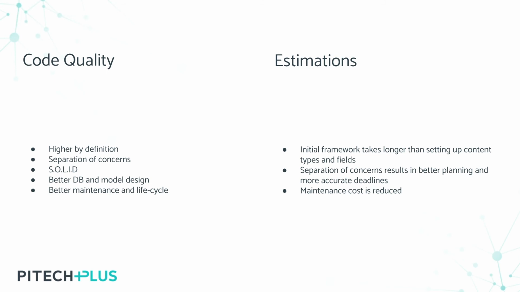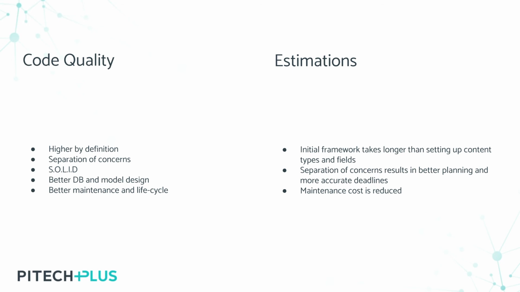Also, this obviously impacts estimations on projects, because as you've seen, if you take a glance through the code, you will see that there is an underlying architecture there. And when it comes to the implementation, you really have to be careful and you have to plan it properly.